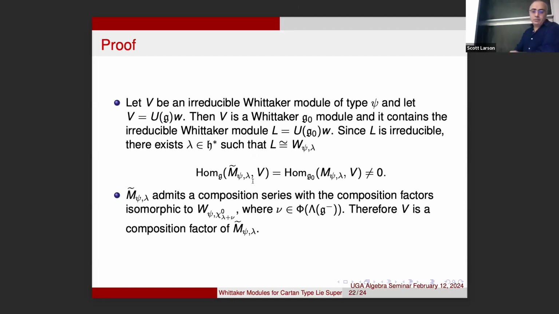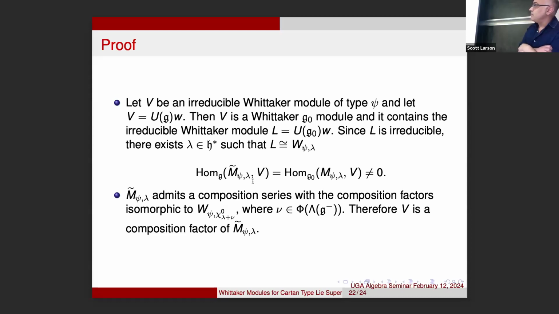So if you take an irreducible Whittaker G module V of type psi, where G is a Cartan-type algebra, it's generated by a Whittaker vector. So it's U(G)w for some w, where w is a Whittaker vector. Since V is a Whittaker G module, it's a Whittaker G0 module by restriction. Then you can look at U(G0)w.